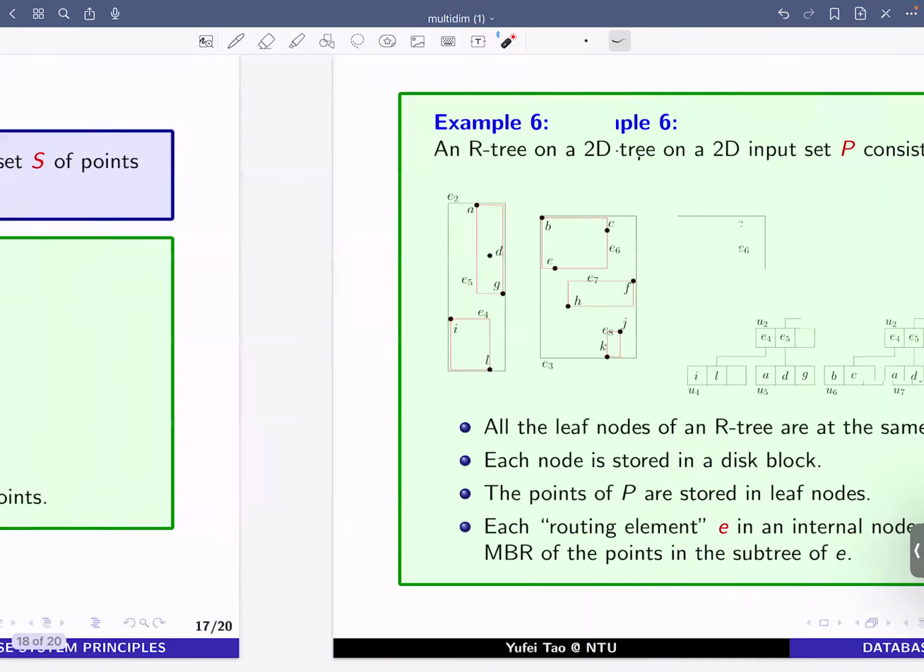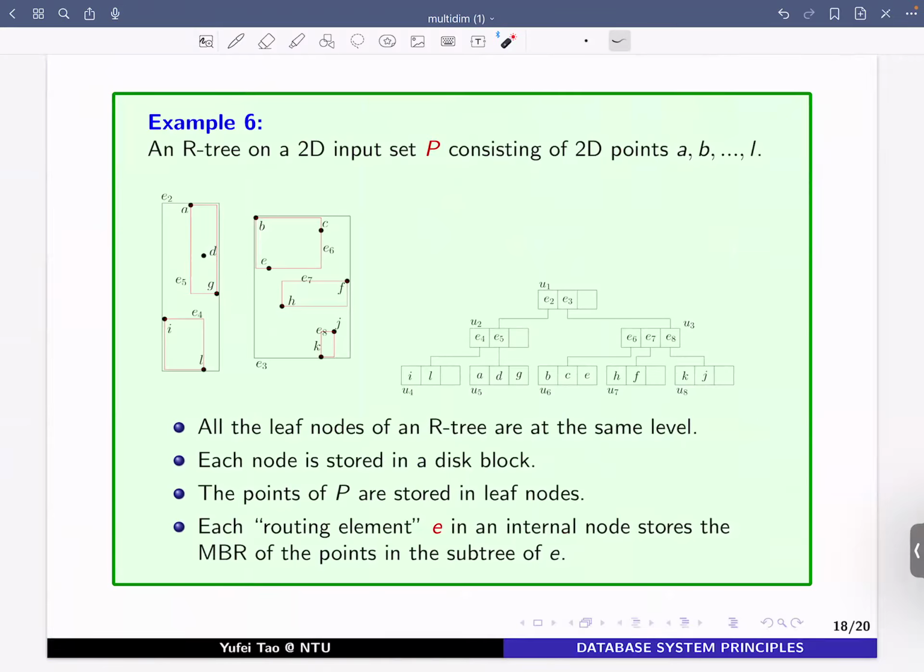Okay. Well, here I have an example for you to demonstrate what an R-tree is. So first of all, what is the data set? The data set consists of points A, B, C, D, E, all the way to I, J, K, L. Okay, you got all these points here. You have how many points? You have 11 points here, right?